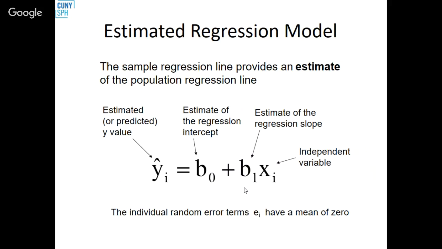So even with no true correlation, you'll get a positive R squared.